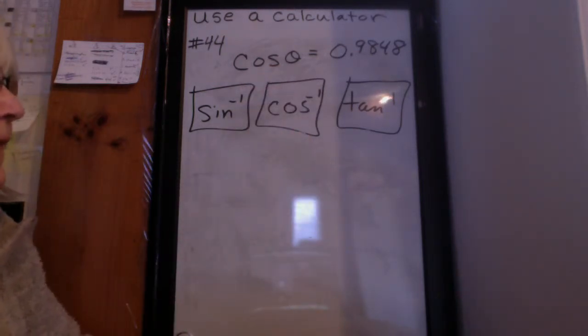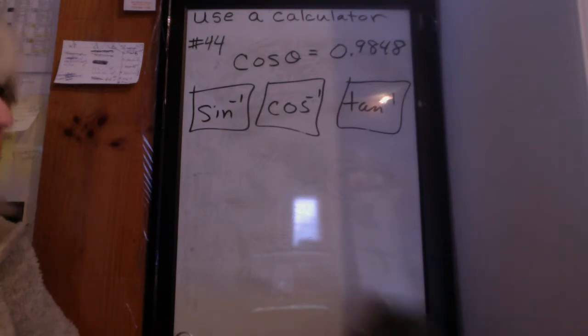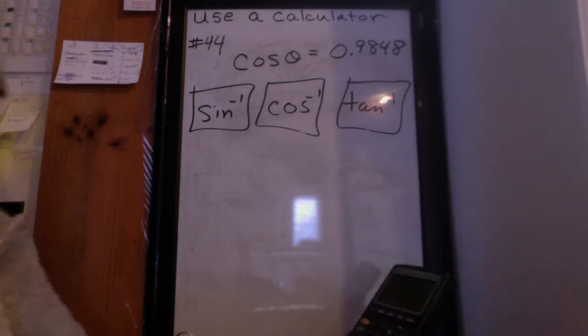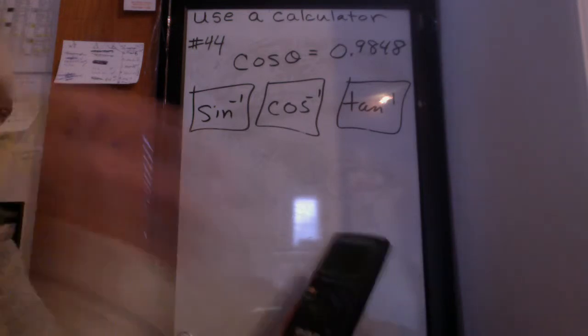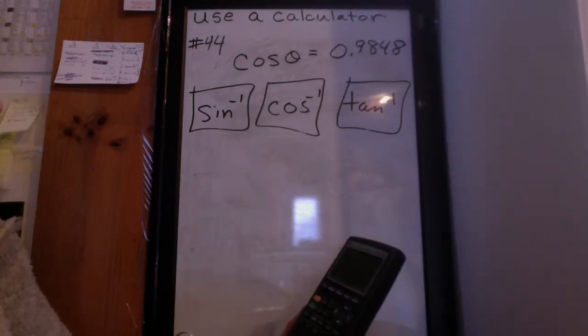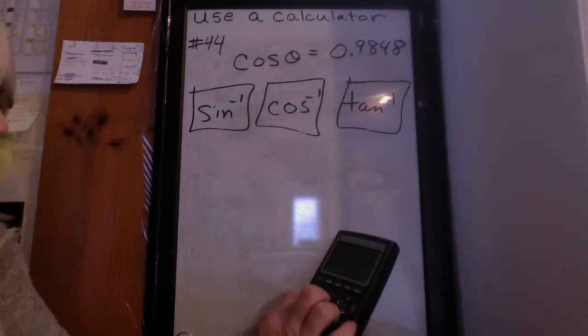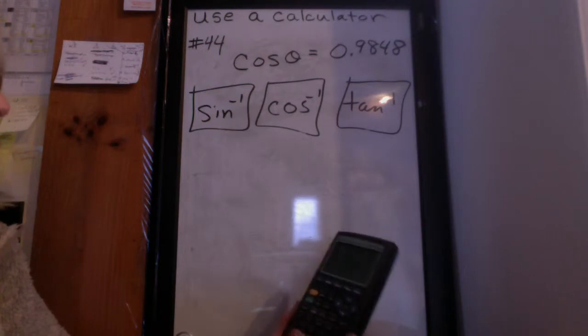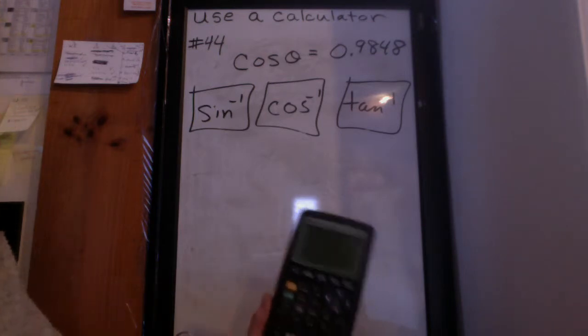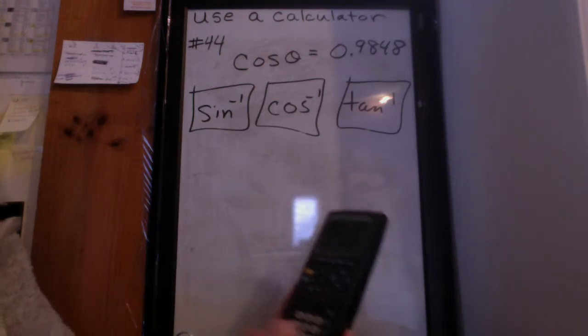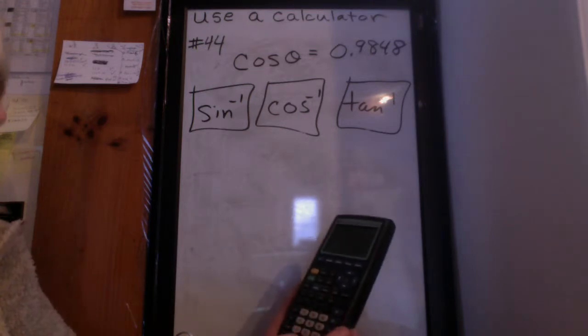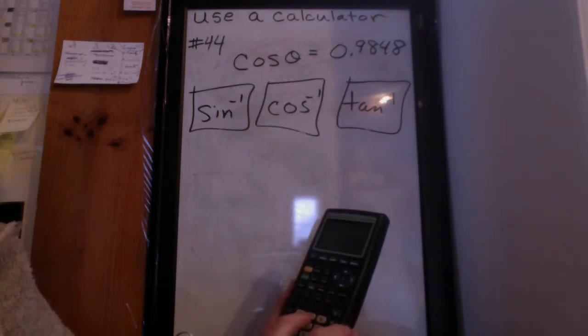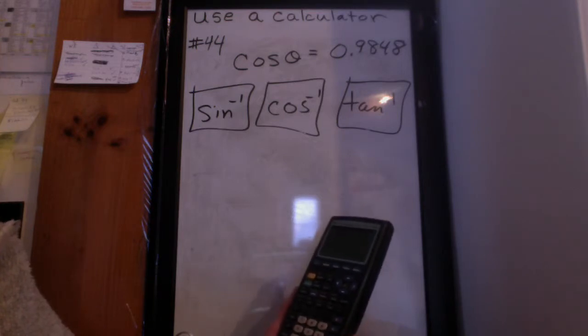Now, again, they asked for degrees, so make sure you're in degree mode. And then it's pretty easy. You clear out your calculator, and then you type in the cosine -1 key by using the yellow button first. Okay? And then you're going to type in 0.9848, and then hit enter.